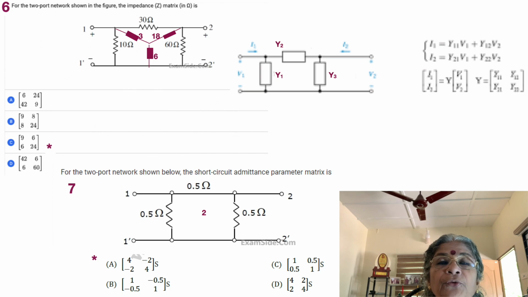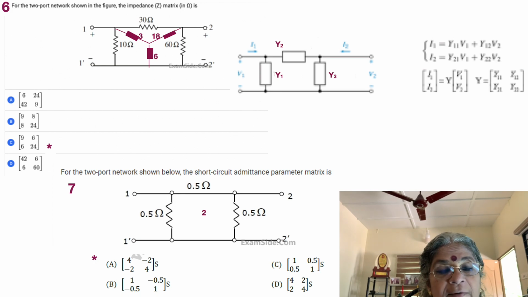So a pi network with its admittances is given here, where we see that y1 plus y2 will give you y11, y3 plus y2 will give you y22, and minus y3 will give you y12 as also y21.